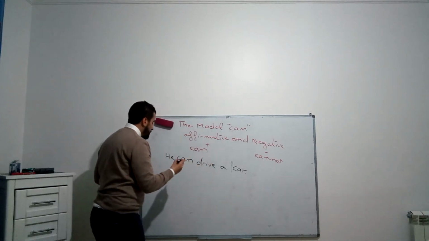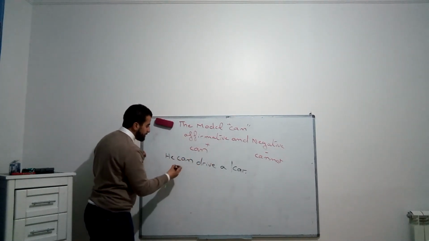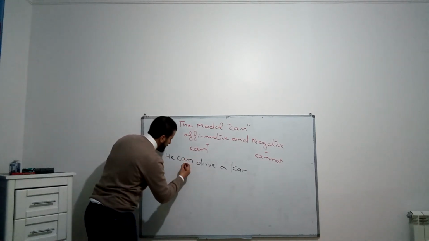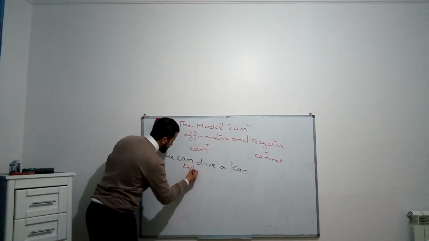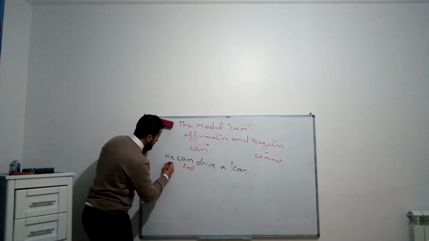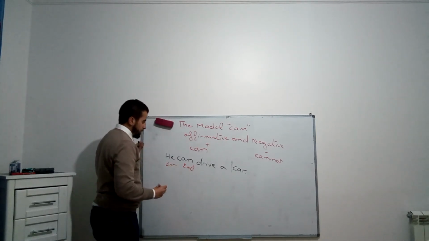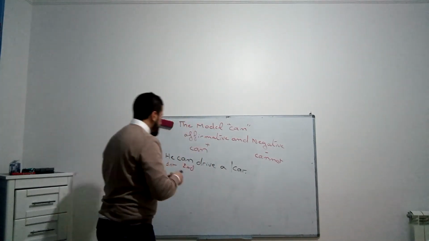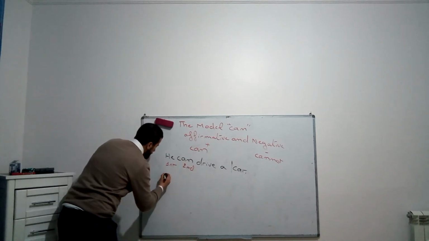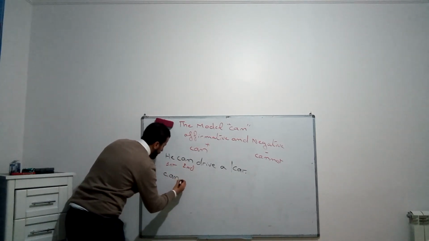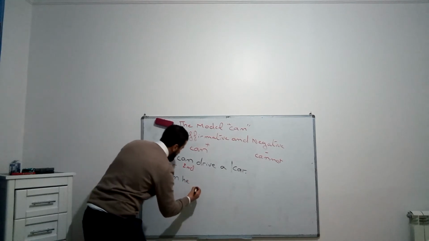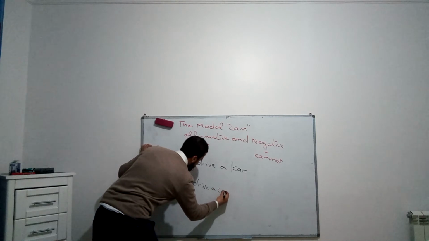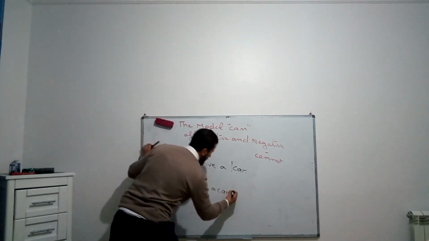For example, as you can see here, I'm going to write can in red so that you can understand. It is the second, and the subject is the first. In an interrogative sentence that has a question mark, we do it like this: can the first, he the second, drive a car, and then the question mark.